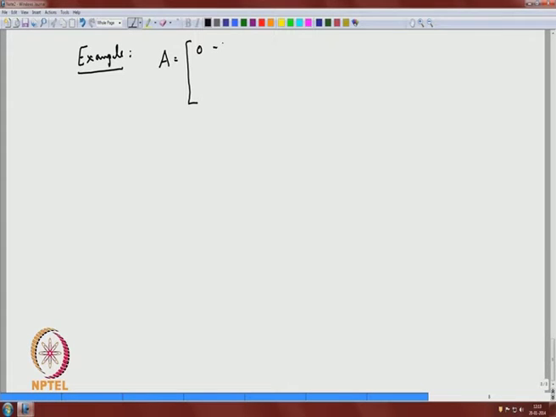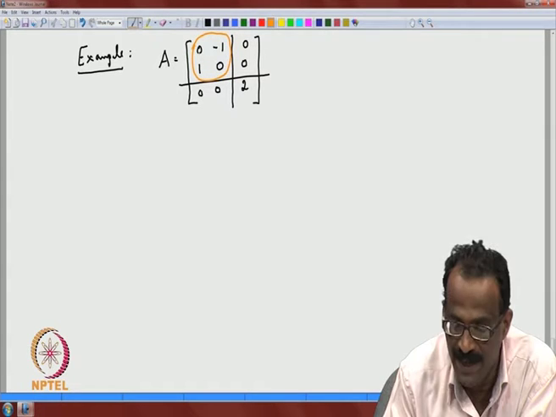A is the matrix 0, minus 1, 1, 0, 0, 0, 0, 0, 2. If you look at the system A, this is again actually decoupled into a 2 by 2 system here, with the real part equal to 0.